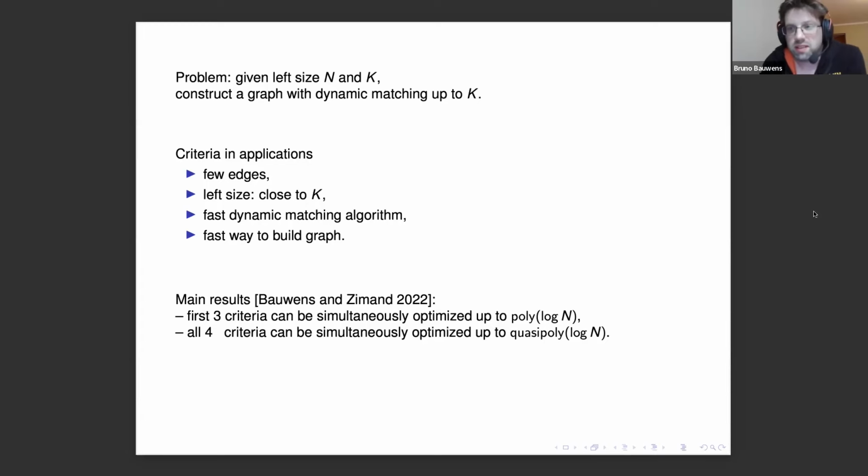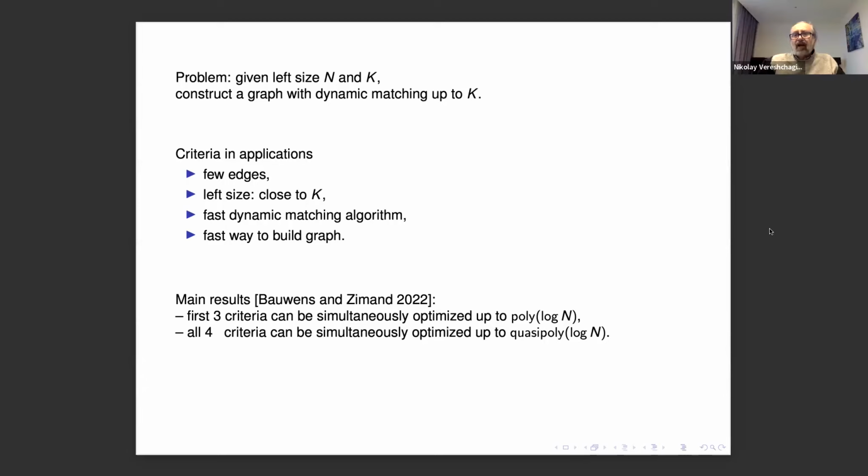The obvious lower bound is n, the number of right nodes, and our graph will have n times polynomial in log n edges.